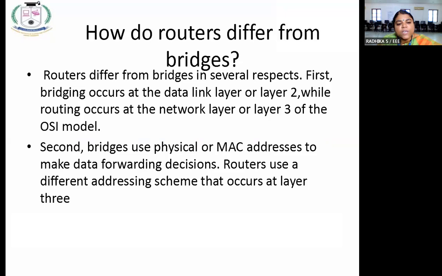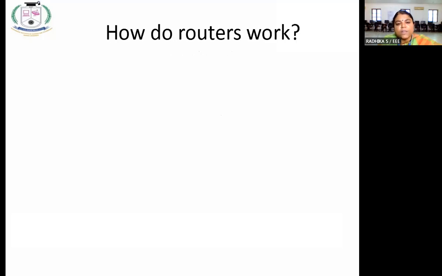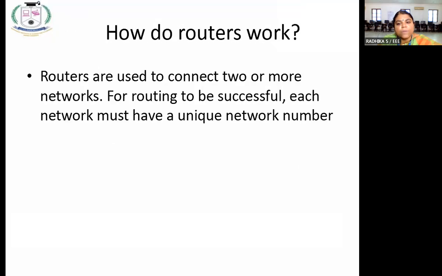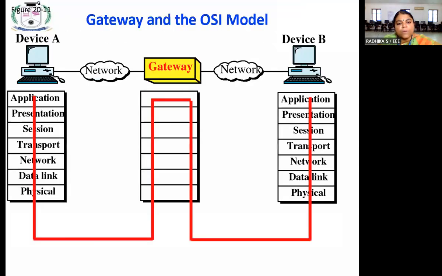And the second major difference is that bridges use MAC addresses, whereas a different addressing scheme is used by routers, which is available at the third layer, that is the network layer. So this is all about routers.